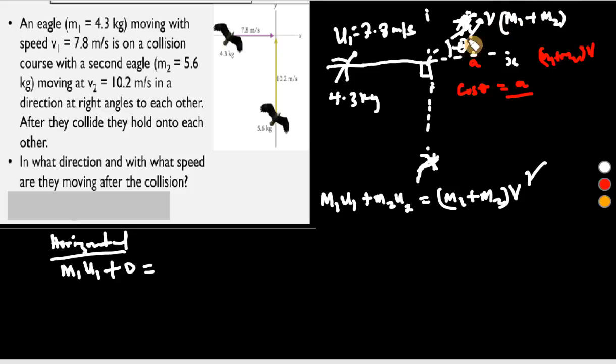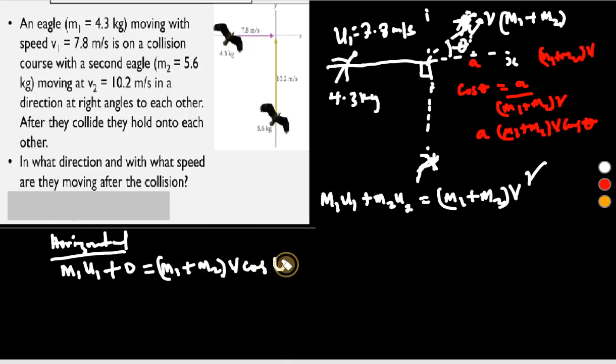The momentum will be the first mass plus the second mass, all to bracket V. So the horizontal component of this momentum will now be m1 plus m2 all to bracket V cos theta. So we can now write that after collision, the horizontal component of the momentum will be m1 plus m2 all to bracket v cos theta.